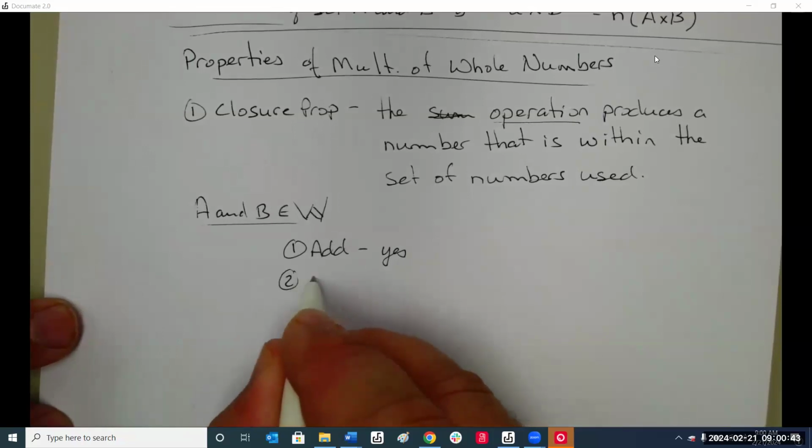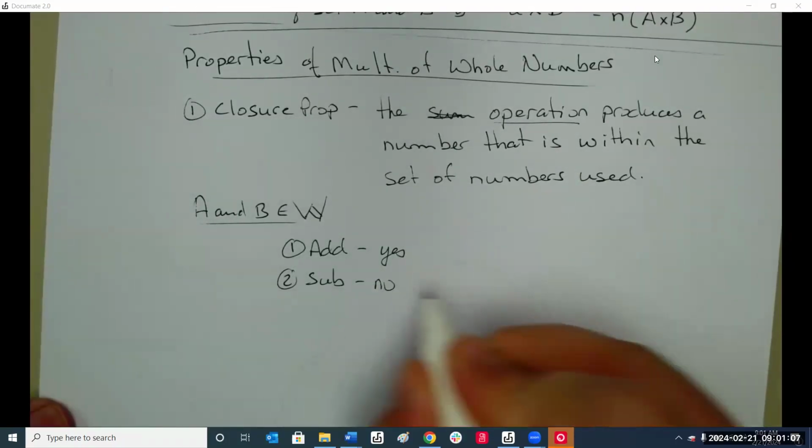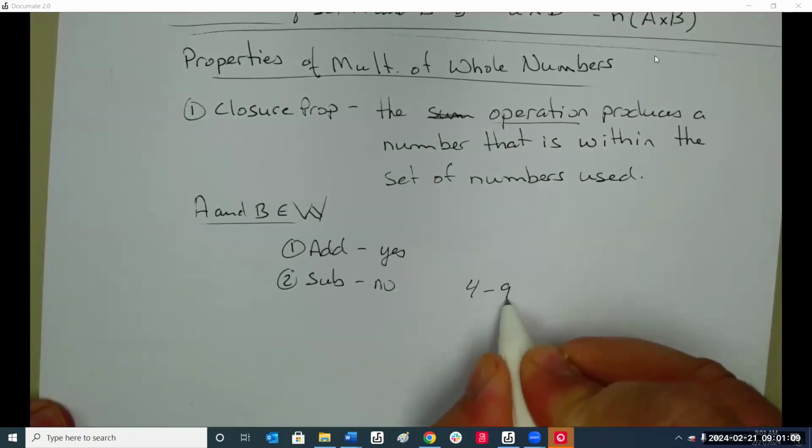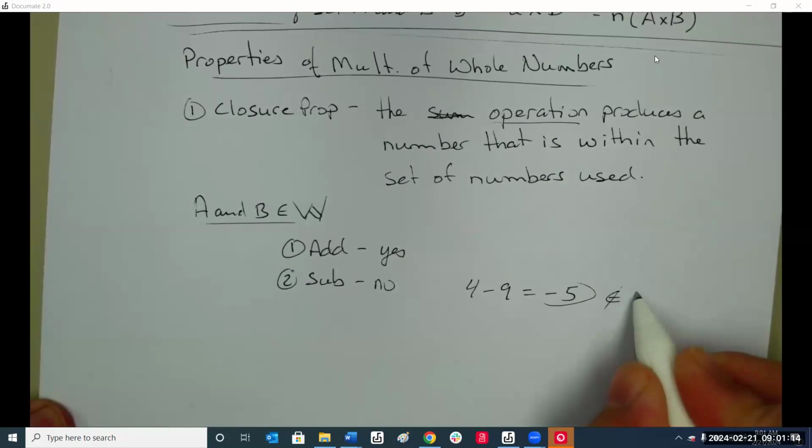How about subtraction? Is it a closed operation? Why not? Because you can also get a negative number. Very good. Because it's not closed, because 4 minus 9 is -5, and this is not a whole number.